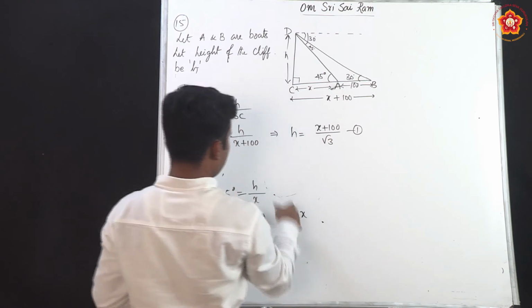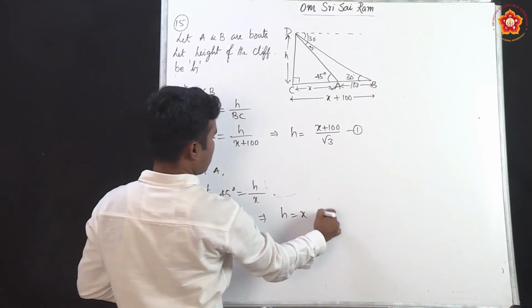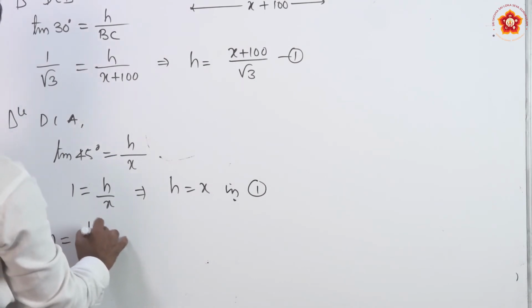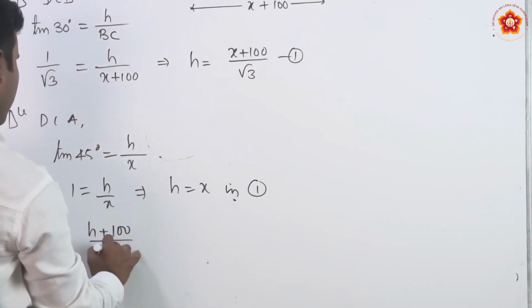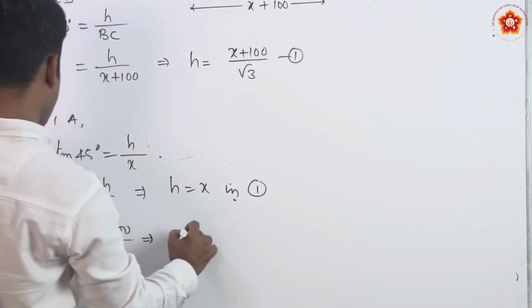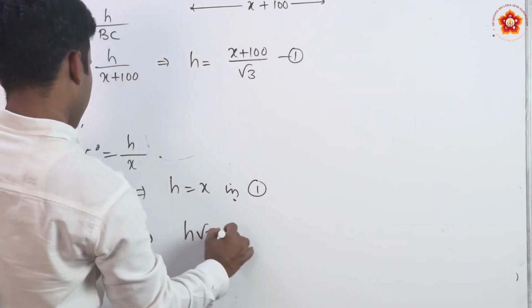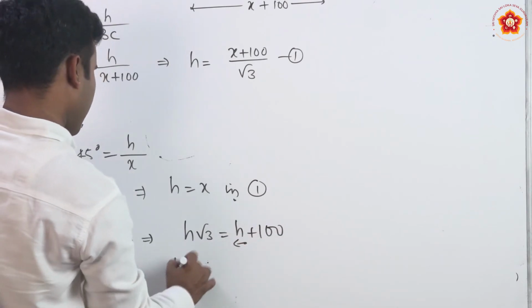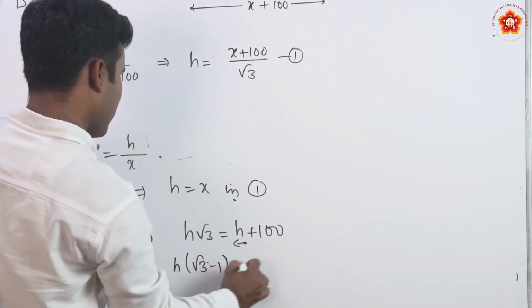Now, you can use this in 1. So, you can substitute this in 1. So, 1 becomes h is equal to h plus 100 divided by root 3. This implies h root 3 is equal to h plus 100. So, h into root 3 minus 1 is equal to 100.